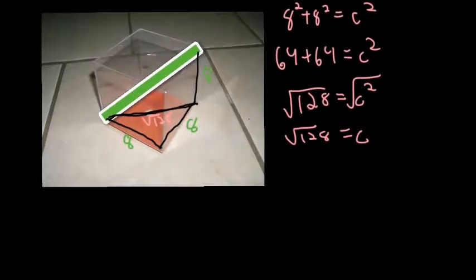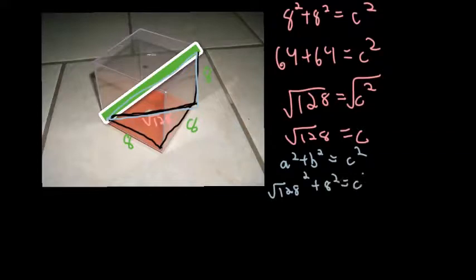Alright, so now we need to find this triangle right here. So now I have two side lengths. So again, we start with a squared plus b squared equals c squared. So my a is the square root of 128 squared plus 8 squared equals c squared.